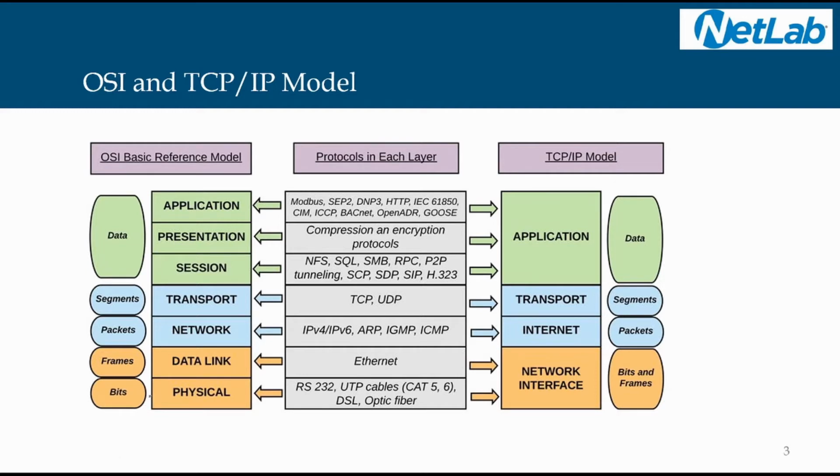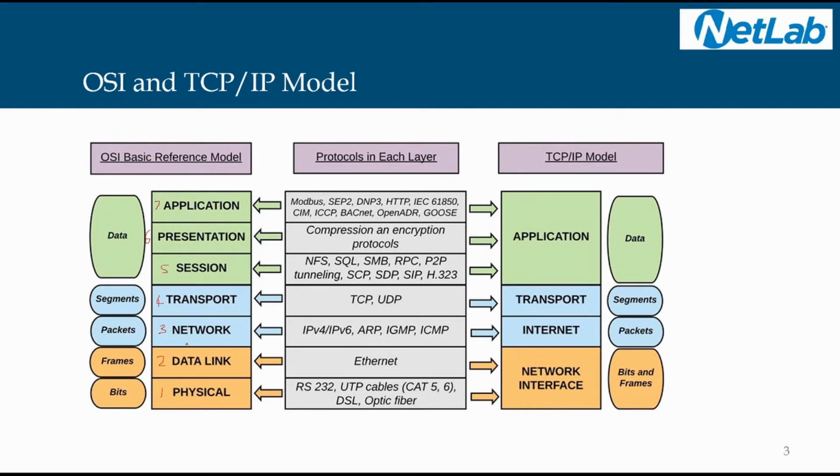Every layer has a number. Physical layer is 1, data link layer is 2, the network layer is 3, transport is the 4th layer, session is the 5th layer, presentation is the 6th layer, and application is the 7th layer. These layer numbers are important as they are directly connected with the functionality of the respective layer.